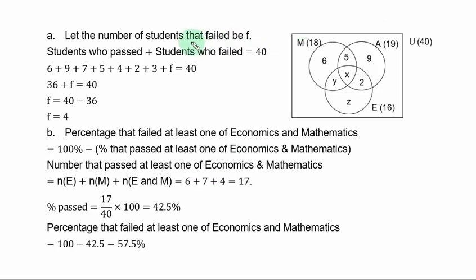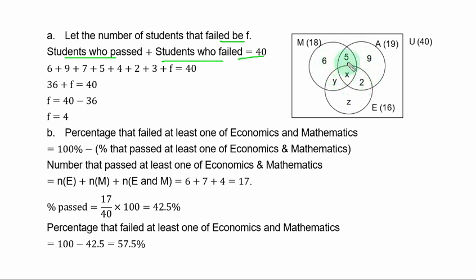A part of the question, you are asked to find the number of students that failed all subjects. Let that number be F. From the question, students who passed plus students who failed, the sum is equal to 40. So those that passed is the addition of everything in the subsets.